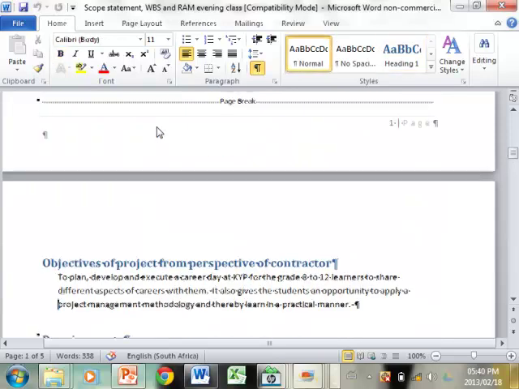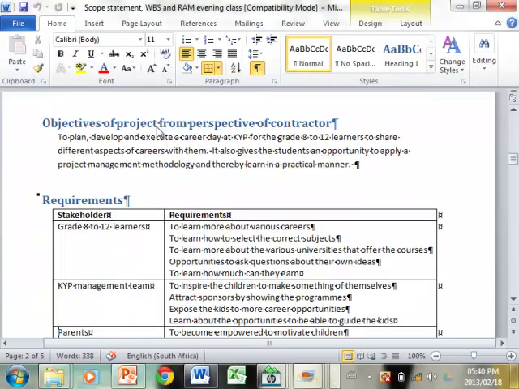All right. Okay. So if we then just recap on our scope statement, we said that the objectives are to plan, develop, and execute a career day for KYP for the grade 8 to 12 learners, to share different aspects of careers with them.